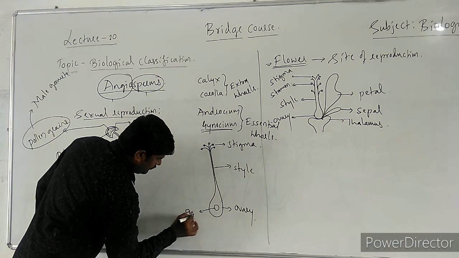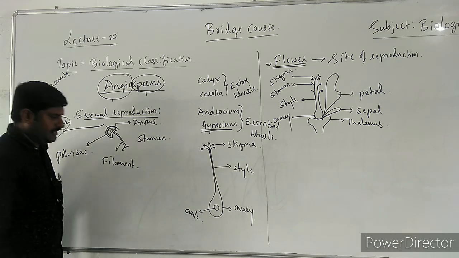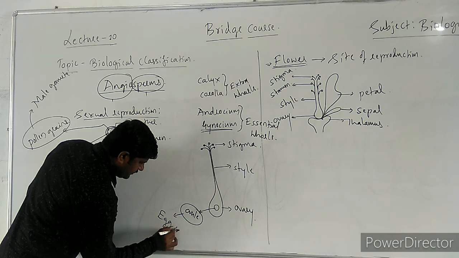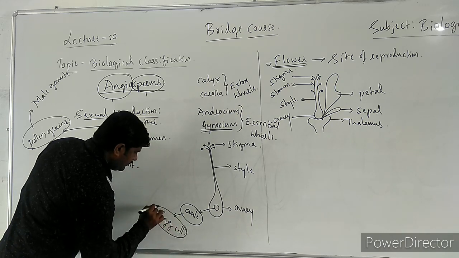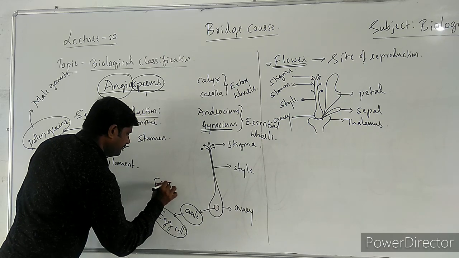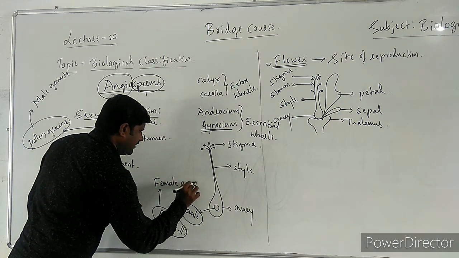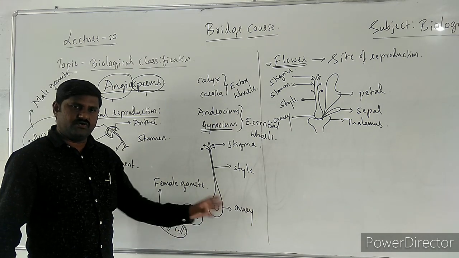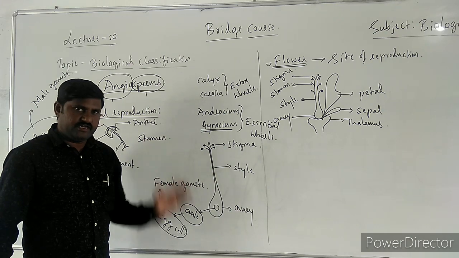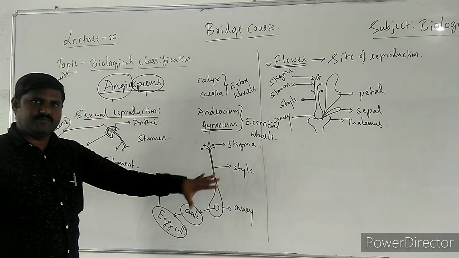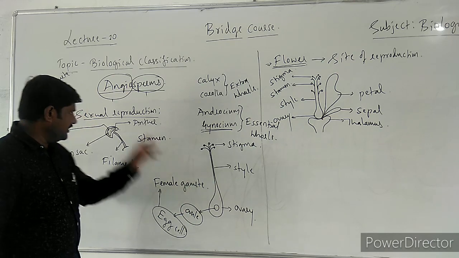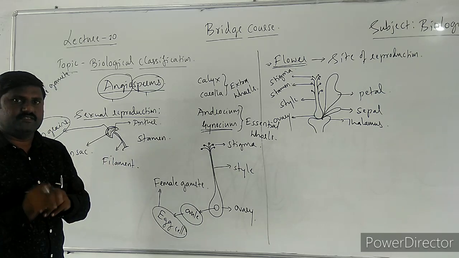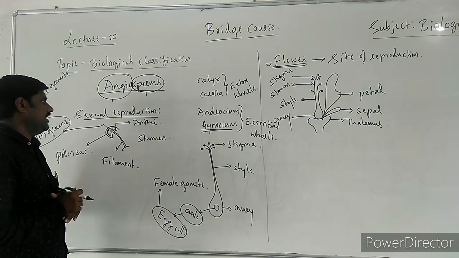The ovule is present, and inside the ovule you find the egg cell. This egg cell is the female gamete. How the ovules are arranged inside the ovary, we will study in detail in PUC 1. So I am simply locating the female and male gametes here. How the fusion of these two gametes takes place is what I am going to explain now.